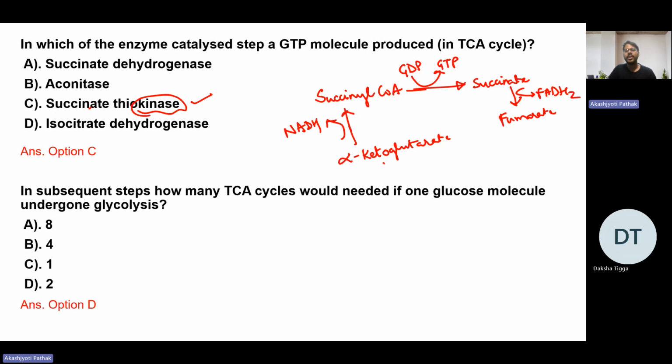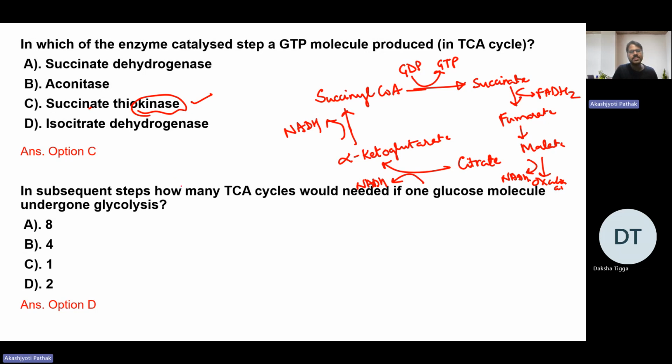And when you get alpha-ketoglutarate from citrate, isocitrate, then cis-aconitate, that step also results in the synthesis of one NADH molecule. Then fumarate to malate, malate to oxaloacetate. Here you will get another NADH molecule, malate to oxaloacetate. So remember, this answer is option C.